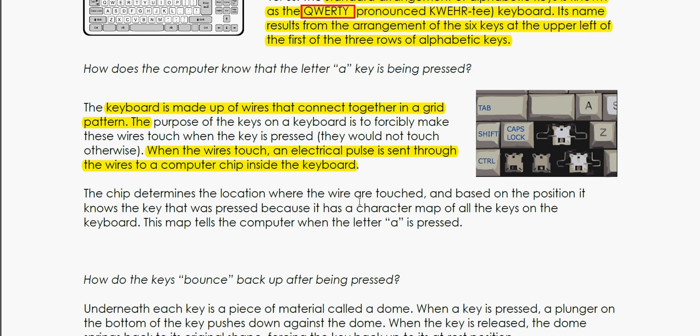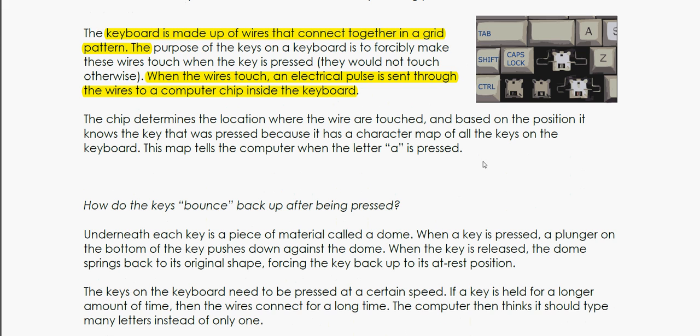It's the only language that a computer can read. Underneath each key, there's a little dome, depending on the kind of keyboard you have, that when you press it down, it bounces back up after sending the data via pulse to the computer so that it types a letter.